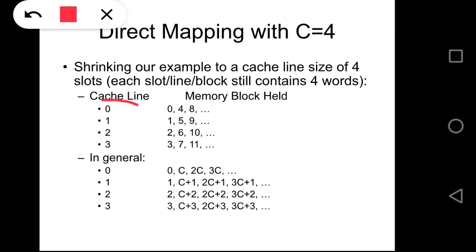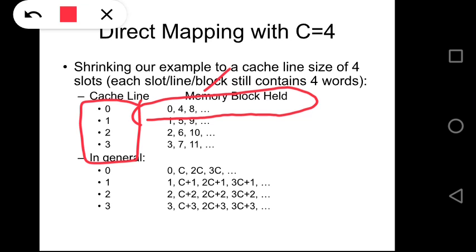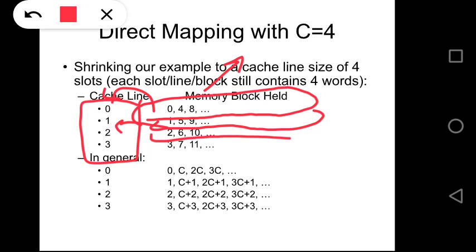In main memory, blocks 0, 4, 8, multiples of 4, lead to the first block. 1, 5, 9 lead to the second block. 2, 6, 10 lead to the third block. 3, 7, 11 lead to the fourth block.